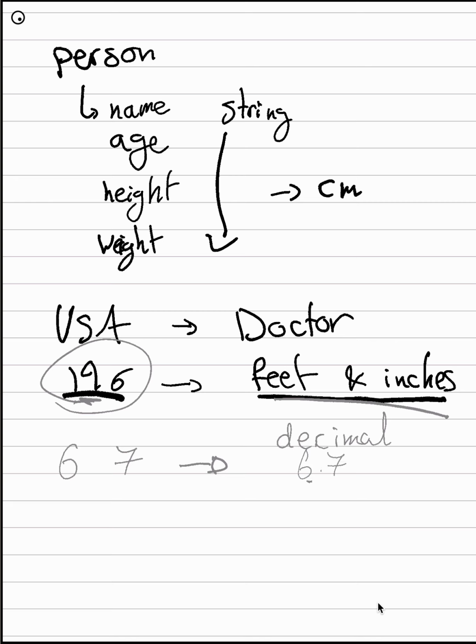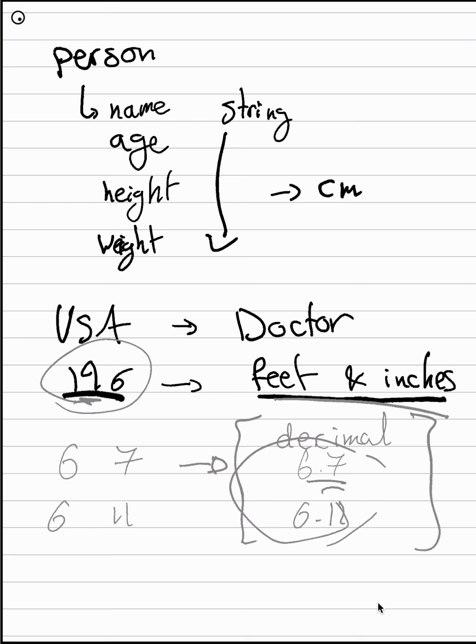Yes. But if you choose this, and let's say someone else comes along and he's actually 6'11, with our current decimal system, his height would be represented as 6.11, right? So in this scenario, 6'11 is actually shorter than 6'7, right? Correct, yes.